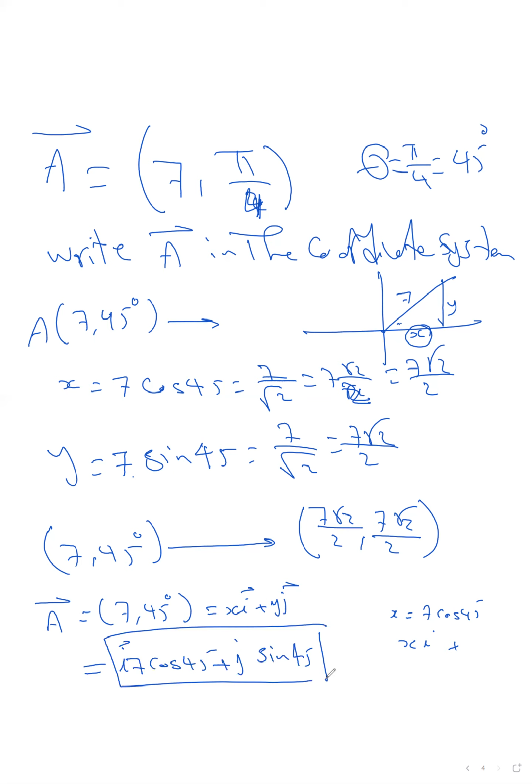Let's take another problem. If vector A equals (2, 7), vector B equals (1, 4), vector C equals (0, 3).